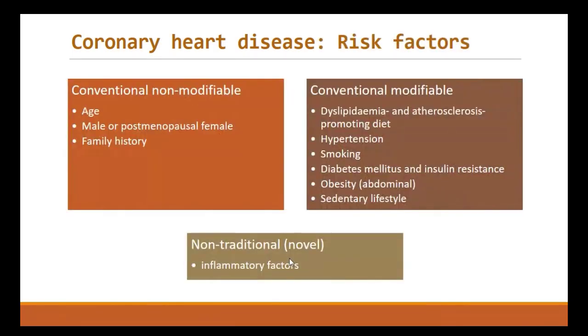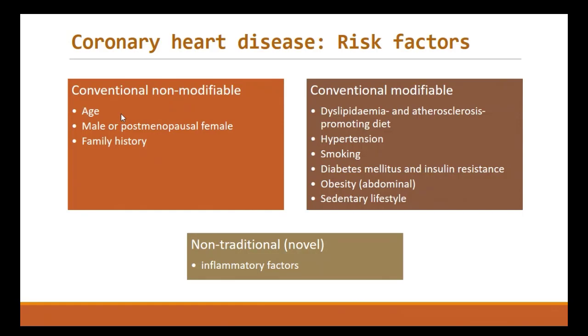What are the risk factors for coronary heart disease? There are two major groups: conventional risk factors and non-conventional or non-traditional risk factors. Within the conventional ones, there are two further categories: modifiable and non-modifiable. Non-modifiable are the ones which you can't modify, right?